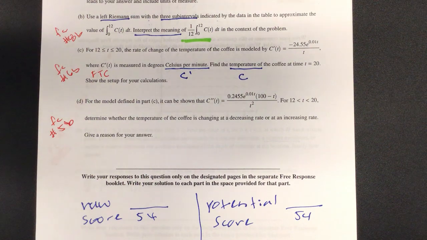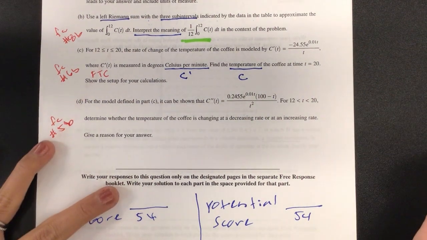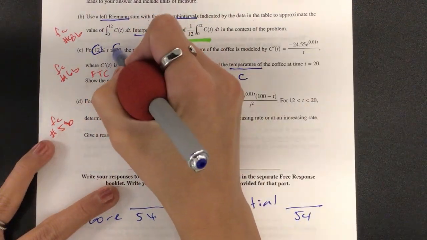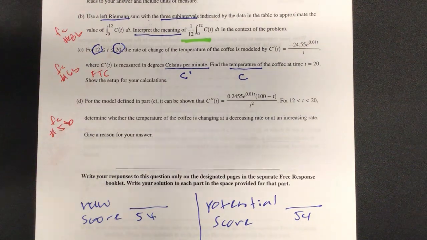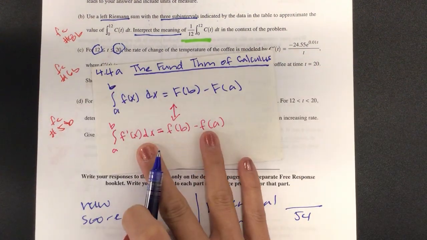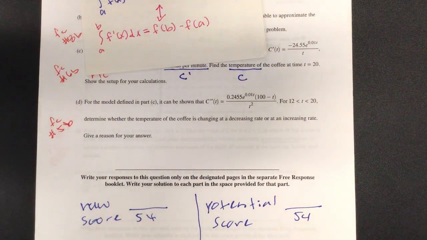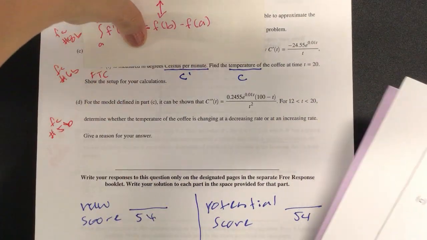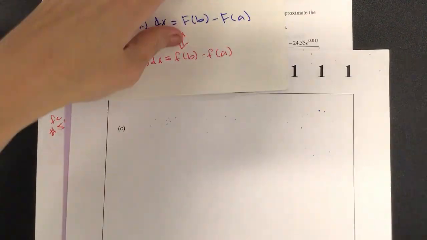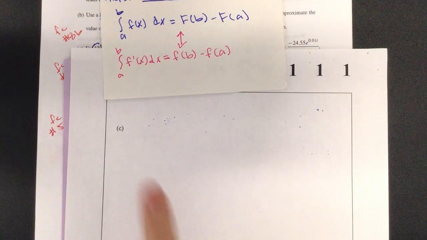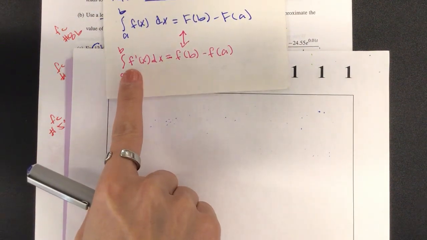Good? So if I were to look at the interval from 12 to 20, I want you to look at card number 6B. It's our fundamental theorem of calculus. And I'm going to mimic what's happening right here. I want to use this one because we have c prime.